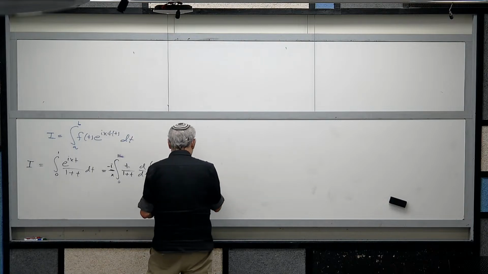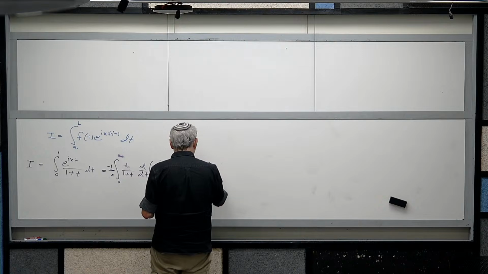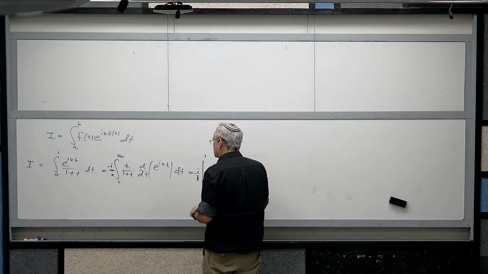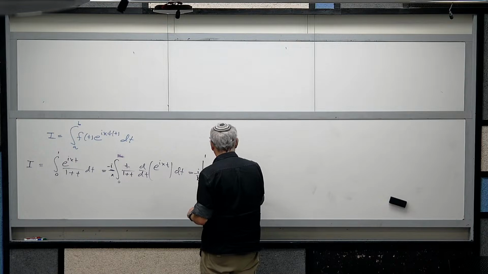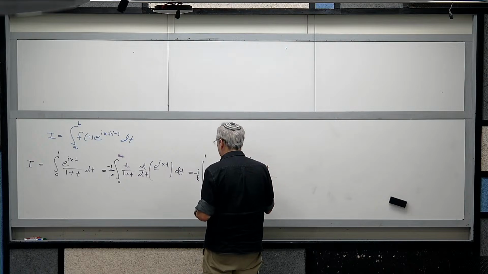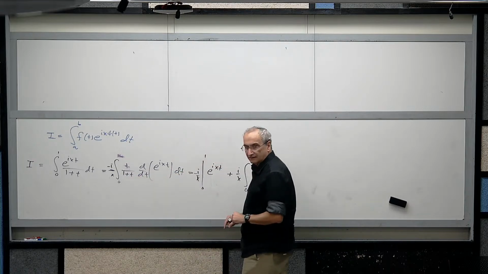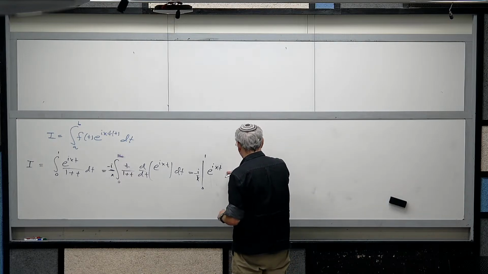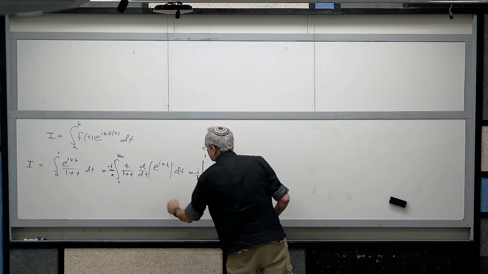So the first contribution, I have minus I over x and the boundary term of e to the I x t, and then minus or plus, so it will be plus I over x, integral from 0 to 1 of e to the I x t over the derivative, which is 1 plus t squared, and I guess that I have an extra minus here because I took the derivative.